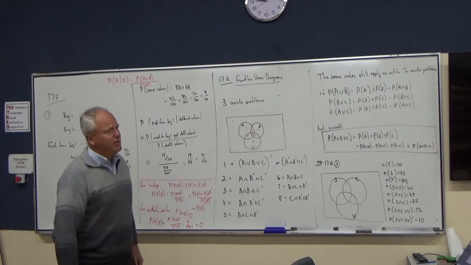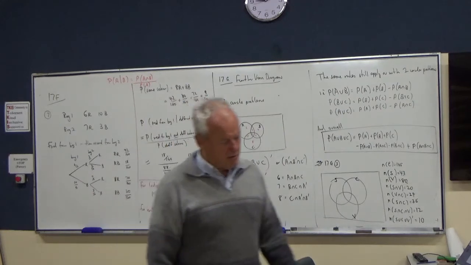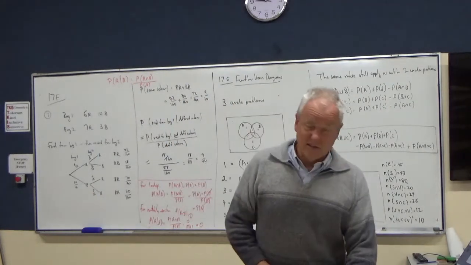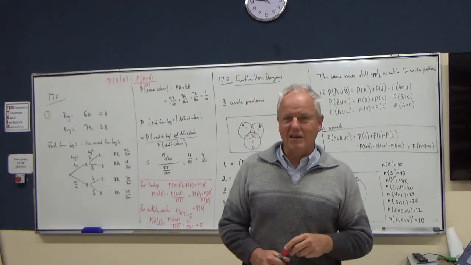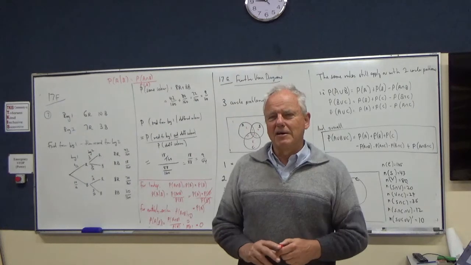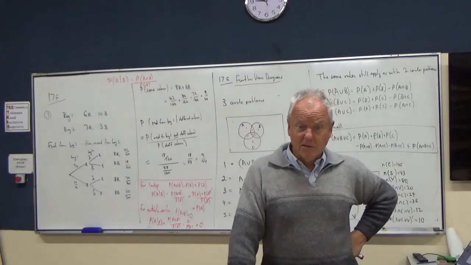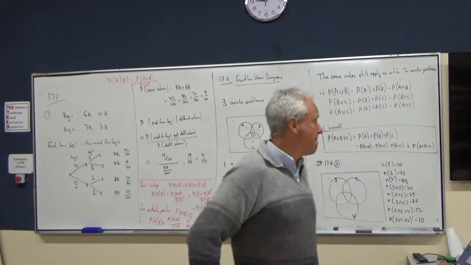Okay, moving on to 17G, further Venn diagrams. Looking at it, I thought, this is all getting into 3-circle problems. And there's only one 3-circle problem there, which I've done, but they're quite common in the exams, so you need to make sure you've got plenty of practice with those.